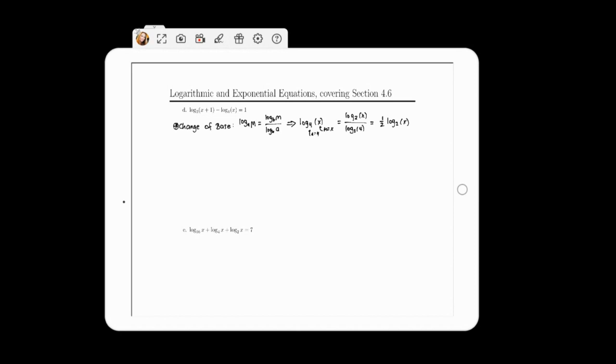So substituting in, we have log base 2 of (x plus 1) minus 1/2 log base 2 of x. Now it looks like the previous problem. So we can take the 1/2 up into the exponent. So this will be the log base 2 of (x plus 1) minus the log base 2 of x to the 1/2.